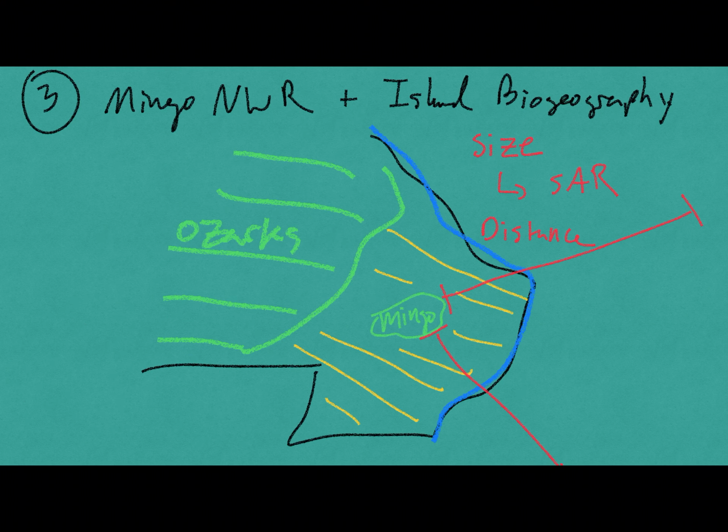Our third question asks us to use the Mingo National Wildlife Refuge as an example of how to apply the island biogeography model. As we come off the Ozark Plateau in southeast Missouri, we encounter a vast swath of what was traditionally Missouri River bottomland hardwood forest.